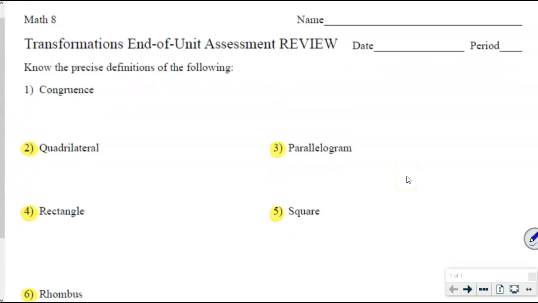Congruence, what's the definition of congruence? Seth? Yeah, nicely done. Yes, congruence is, we would say, figures are said to be congruent. And you can be as formal or as informal as you want in this.